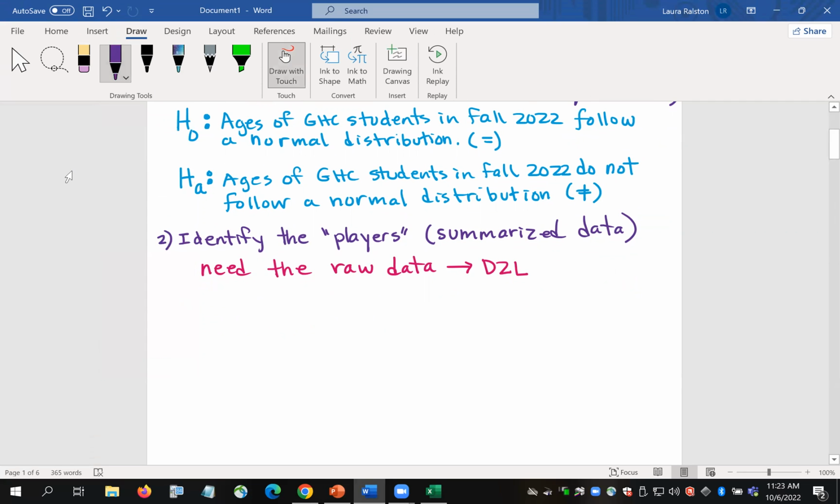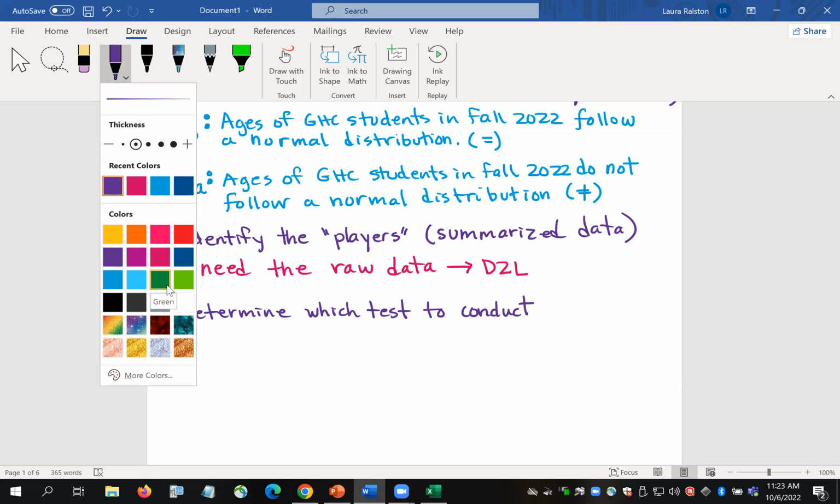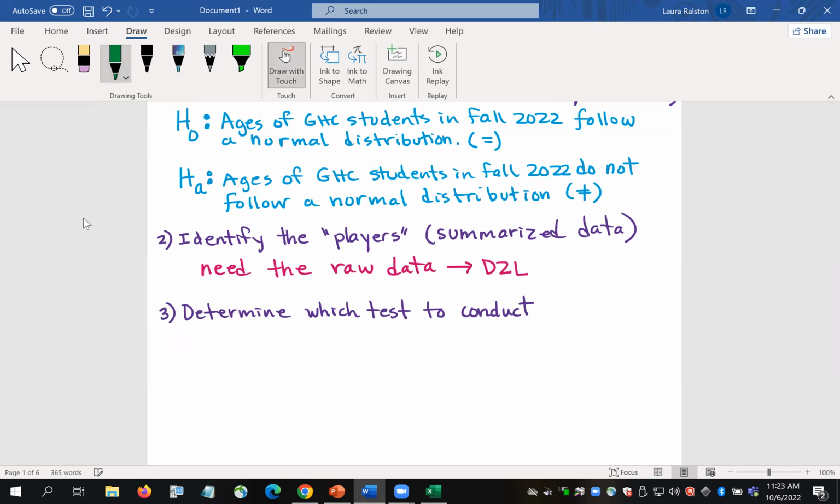The third step is to determine which test to conduct. Now, at this point, we've only really talked about one, and we're only going to talk about one in terms of normality.